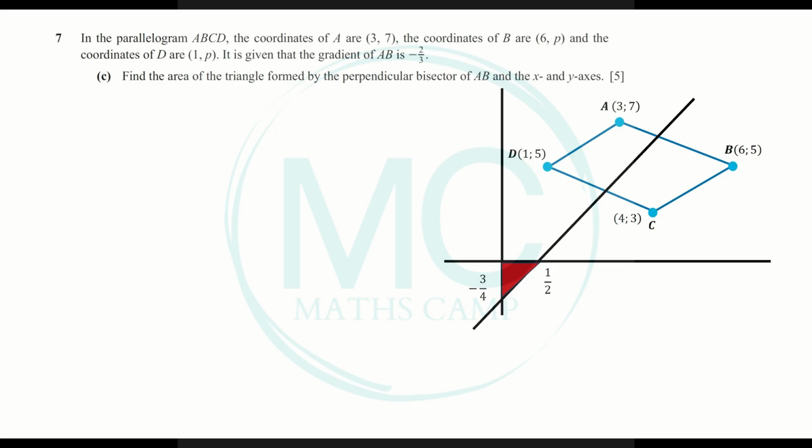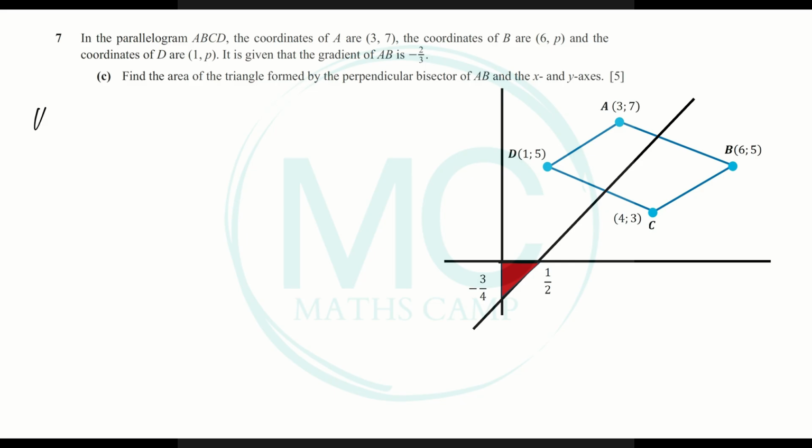To find the area of a right angle triangle, we use base multiplied by perpendicular height. In this case, our base can be the distance along the x-axis, 1 over 2. We are working with distance, and the y-intercept may be negative 3 over 4, but it is 3 over 4 units away from the origin. So we can use this as our perpendicular height.